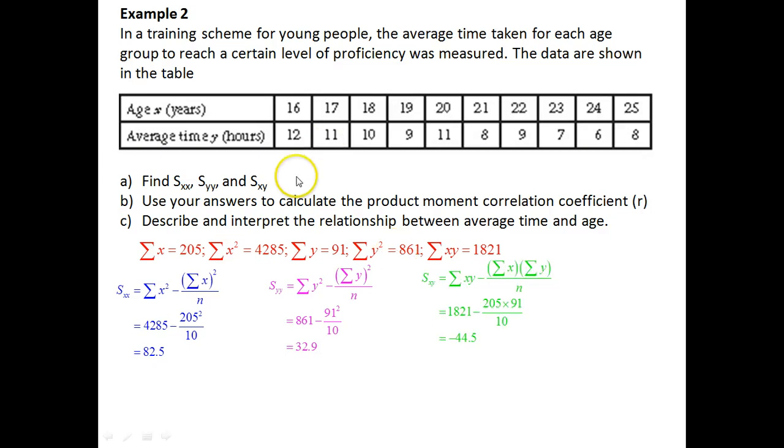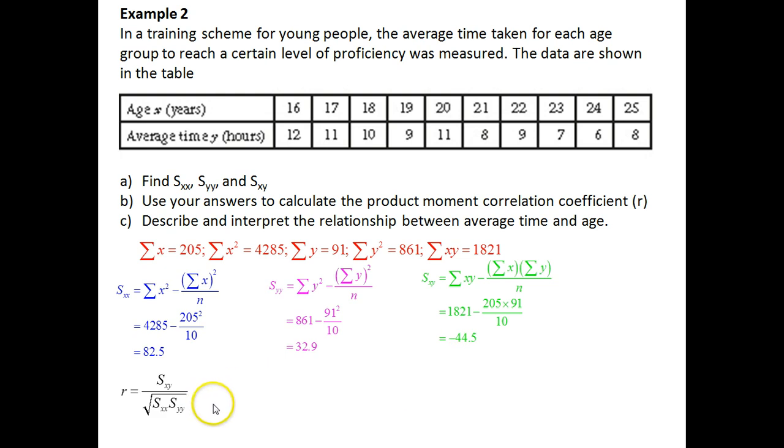Sxy is the sum of the product of each pair minus the sum of the two separately over n. So we get 1821 minus 205 multiplied by 91 divided by 10, and we get minus 44.5.